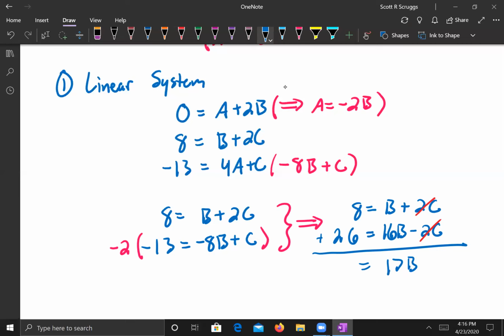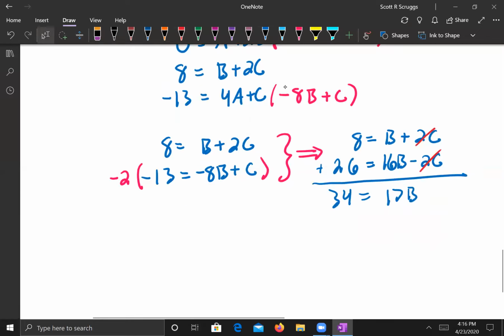And 26 plus 8, that gives me 34. Now all I gotta do is solve for b by dividing by 17. So after dividing by 17, I get my final solution that b is equal to 2.